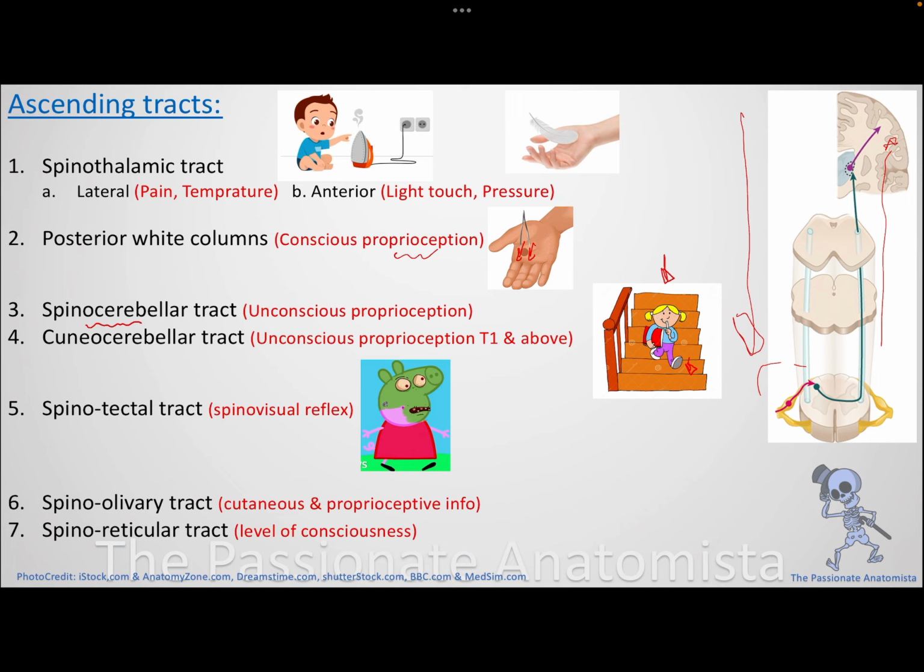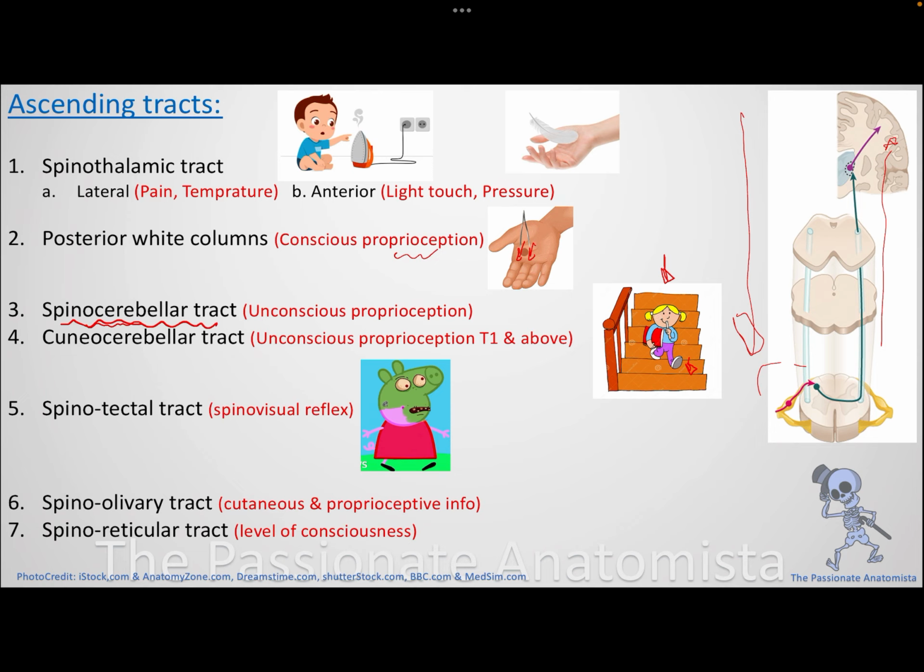Then how did your body adjust the muscles of your lower limbs in such a way that makes you meet that stair without you falling? It's by the spinocerebellar tract, you guys. Just once you see the stair one time, you have information to the brain that will tell you, go ahead and extend this muscle, flex this one, accommodate your body, go here and go there without you even thinking about it.